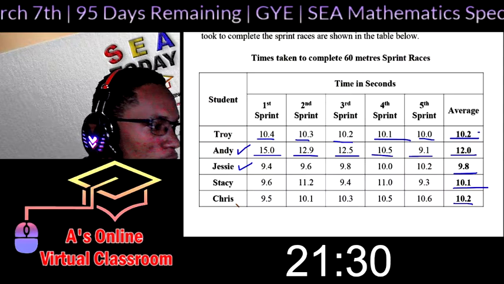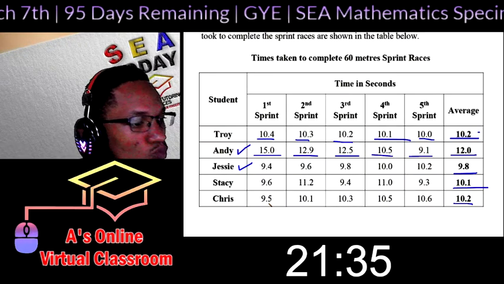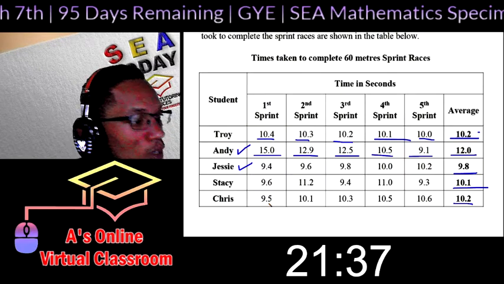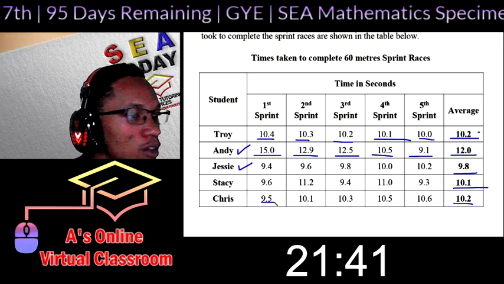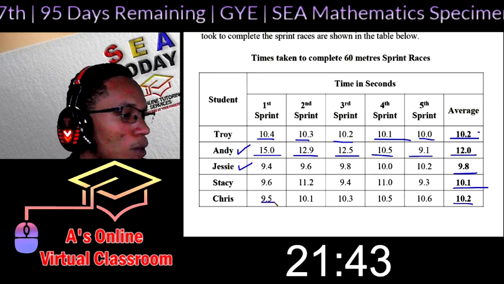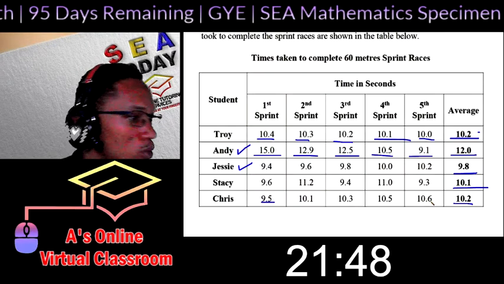And Chris's times. Chris started off running pretty fast. He came in second in the first race, but as time went on, he got very slow.